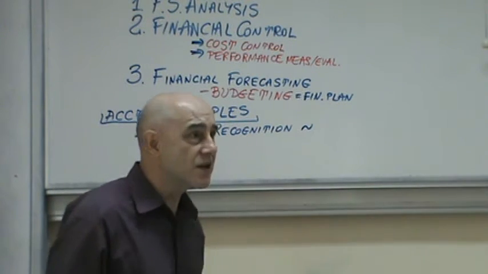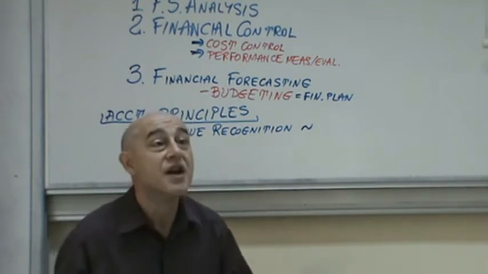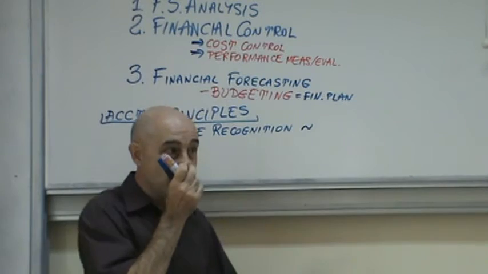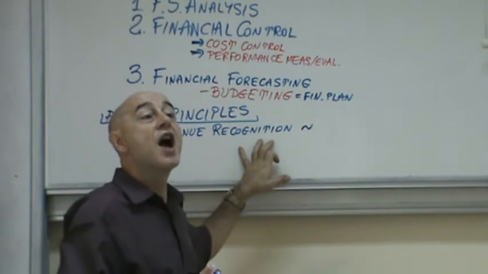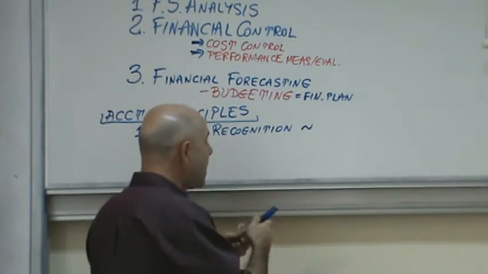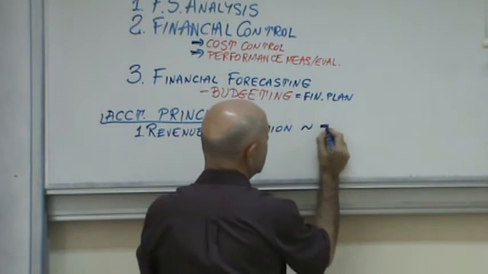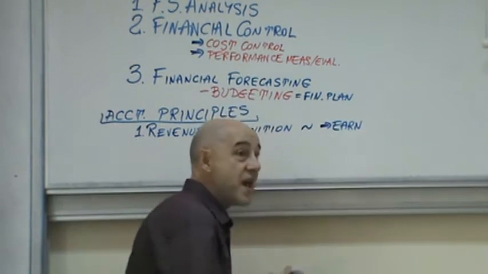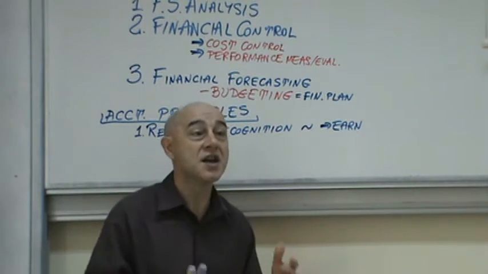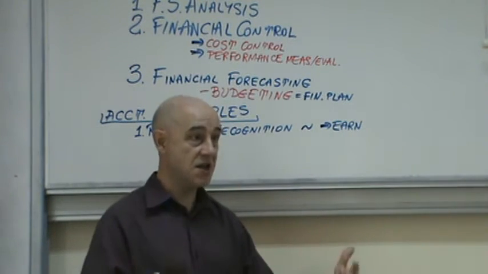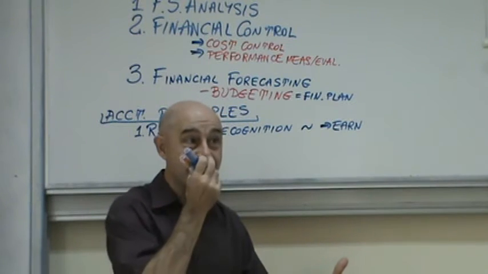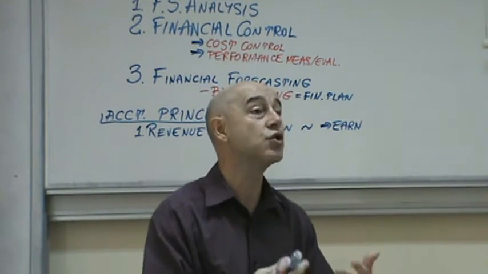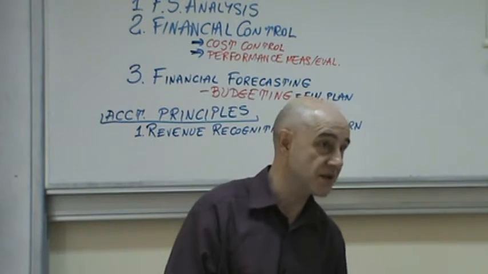All right, so revenue recognition means you cannot record revenue until you actually earn it. The key word is earn. Earning means two things. Earning means you made it, if it's a service or a product. And number two, you delivered it or gave it to the customer.